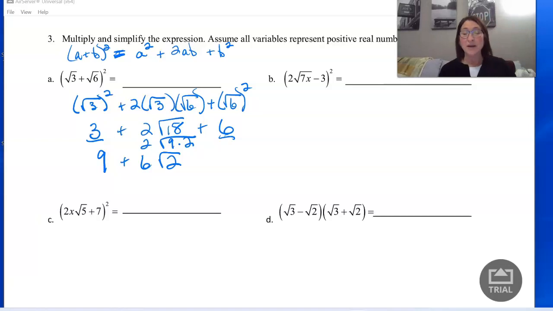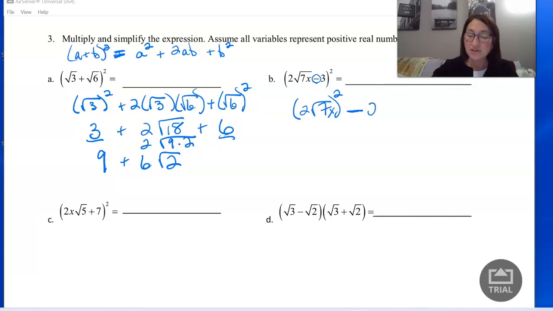All right. So let's try B. This is the same thing. It's a binomial squared. Only thing is, instead of addition, we have subtraction. No big deal. So this is going to be my first term, 2 square root of 7x squared. So my first term squared, there's an x in there. Almost forgot it.